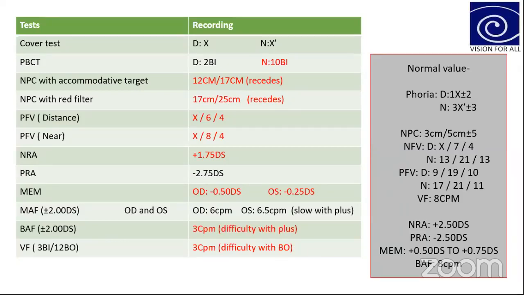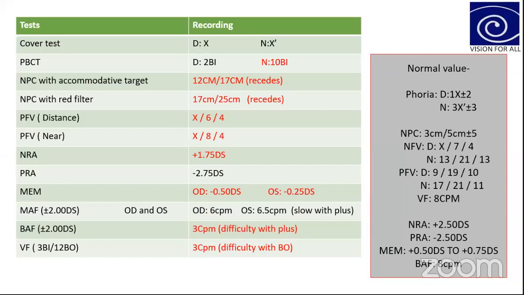We have to keep the normal values in mind so that we can easily diagnose the cases. First, look at the near phoria. The near exophoria is more, and whenever exophoria is more at near, it is convergence insufficiency.